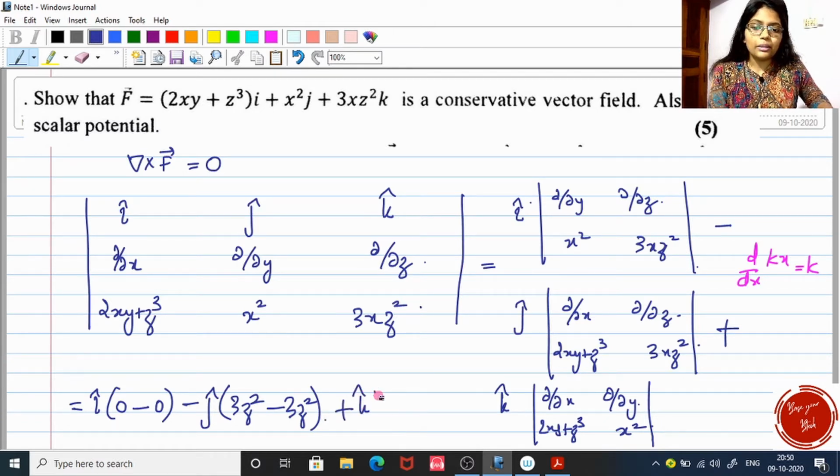Plus k cap into, cross this, dou by dou x of x square is 2x minus dou by dou y of 2xy plus z cube. Derivative with respect to y, it is 2xy written here, so 2x is the constant there, and for z cube the derivative is 0.